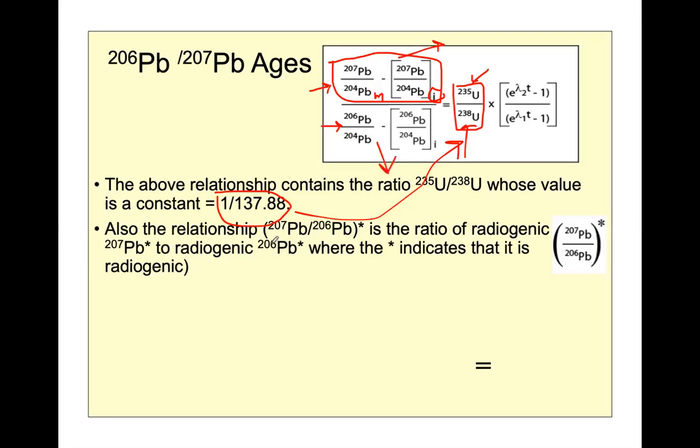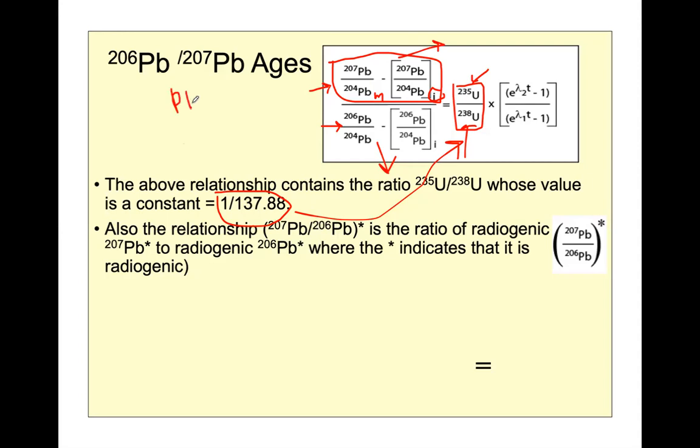So you can cut this short, writing it one way or another.